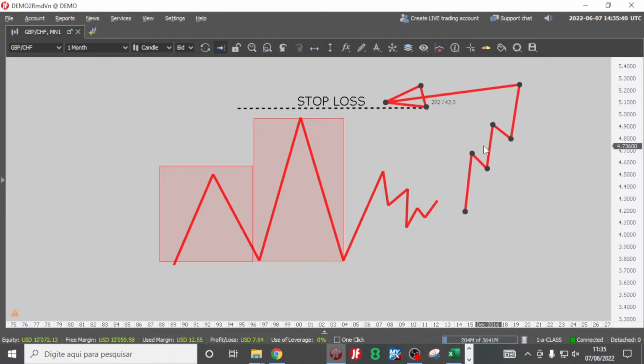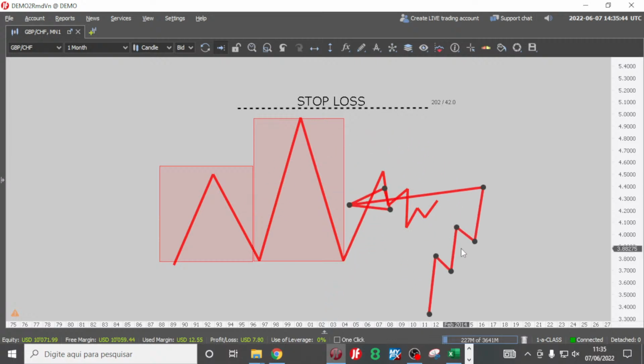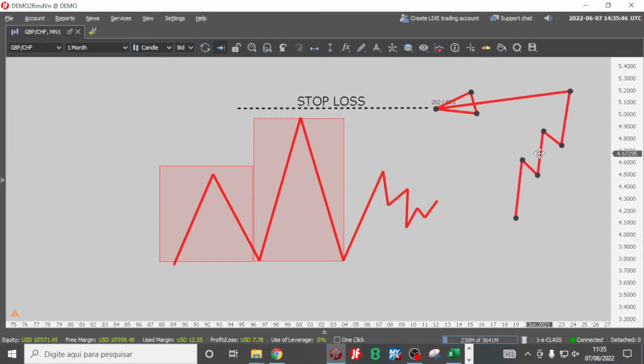Period. End of story. Stop loss goes on the pattern traded. The appropriate stop loss is where the market breaks the pattern. Oh yes, but. There is no yes, but. Are we clear? Those are the rules.